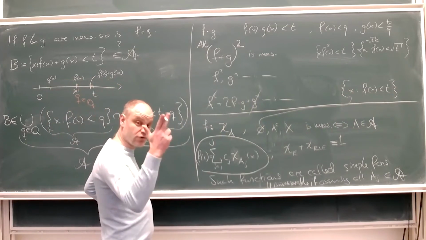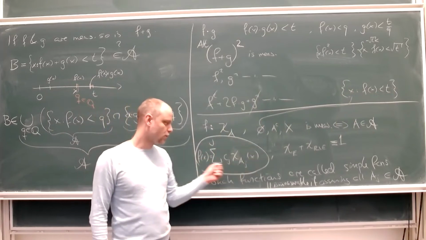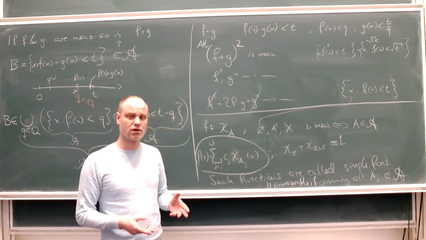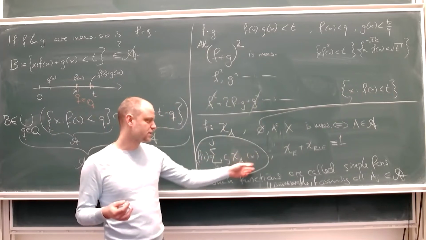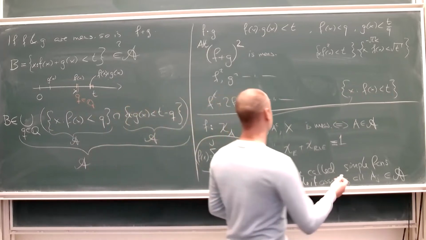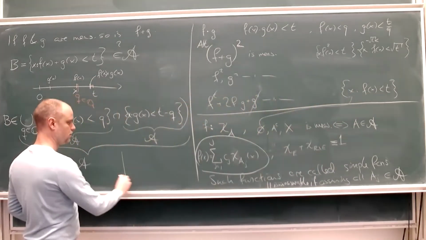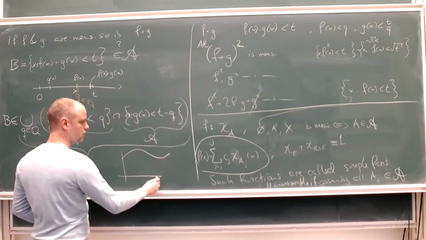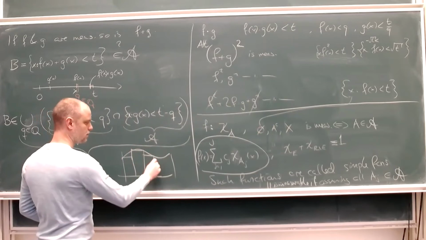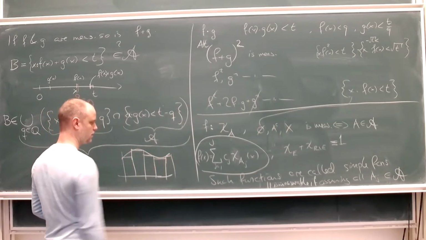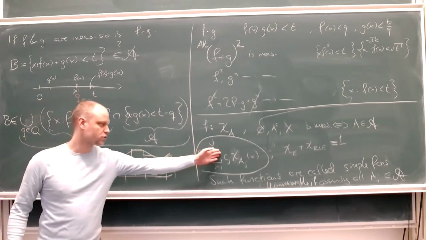Okay, now we're ready for Theorem 3. So I said these are the building blocks of when we want to build our integral calculus, which is natural, right? You remember when we did the Riemann integral, we started with boxes like this, and we approximated our function. And this is actually a function of this type.